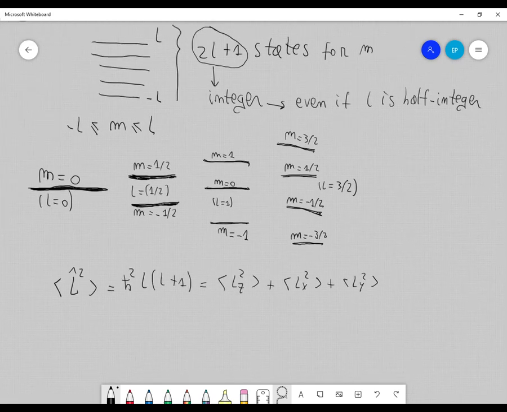The average value for Lz squared, if you take a look at equation 186, will be equal to h bar squared M squared, and these two eigenvalues here, they are equal. So from here you will get 2 times h bar squared L divided by 2 here.